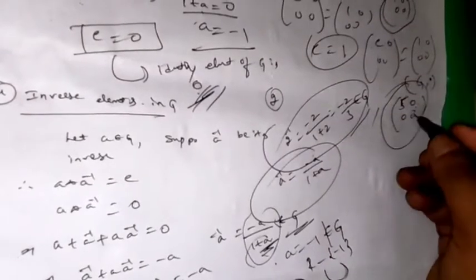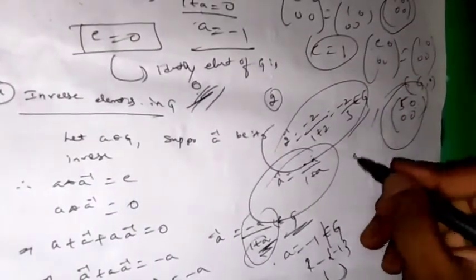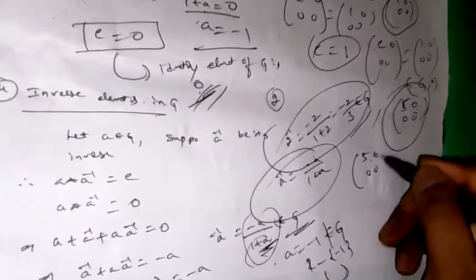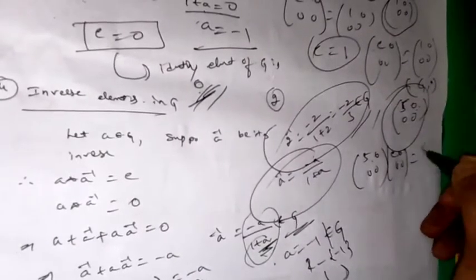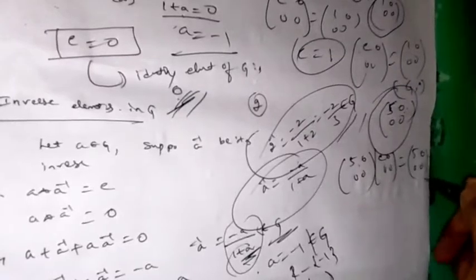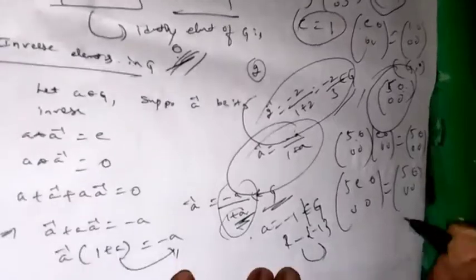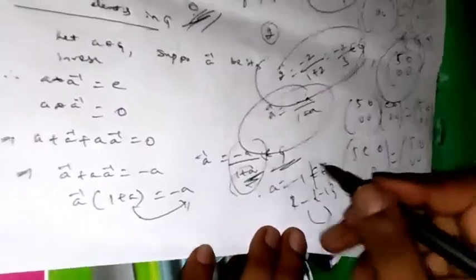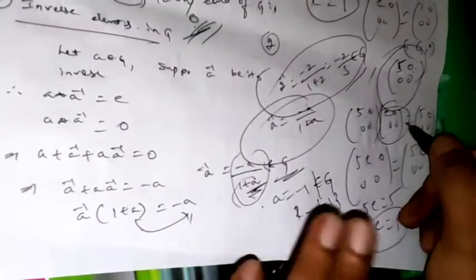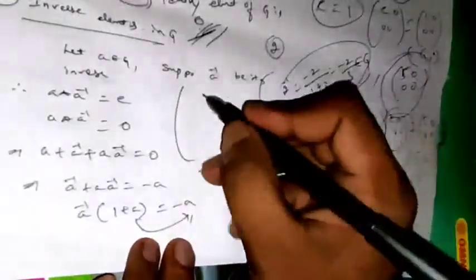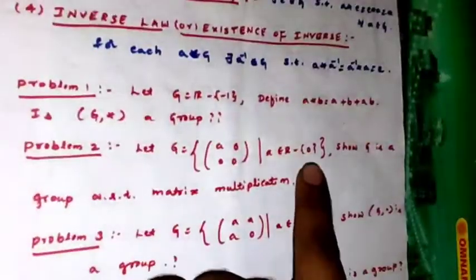We check whether this gives the identity or not. [5 0; 0 0] times [e 0; 0 0] is equal to [5 0; 0 0]. This means [5e 0; 0 0] equals [5 0; 0 0], that means 5e is equal to 5, so e is equal to 1. What do we get here? Our assumed identity e is equal to 1. That means [1 0; 0 0] is the identity element for this group G.